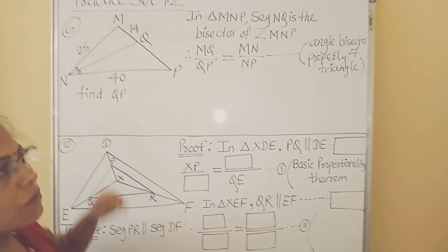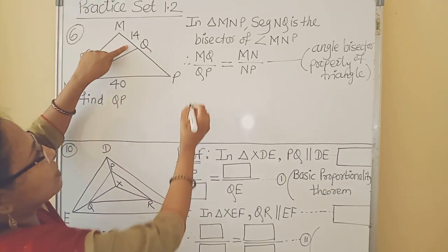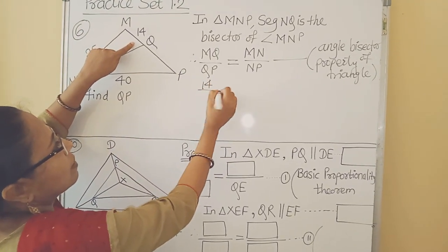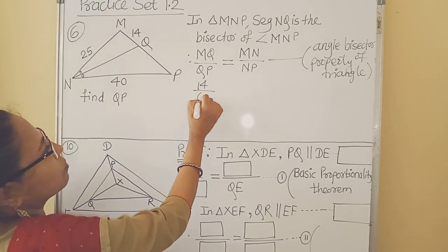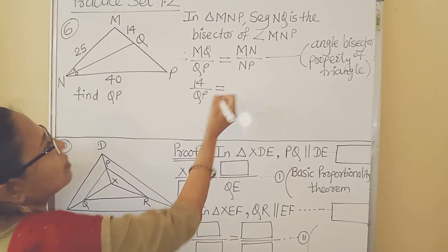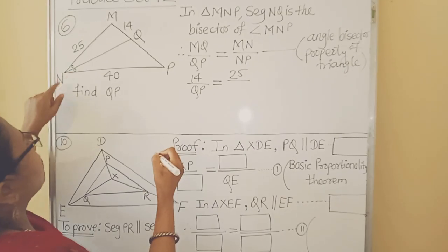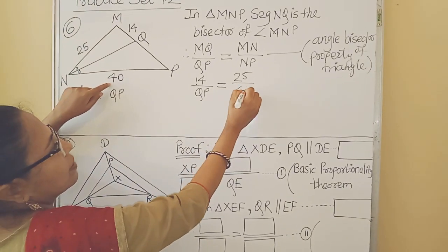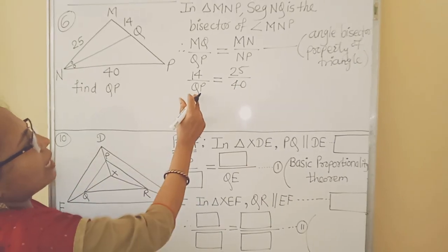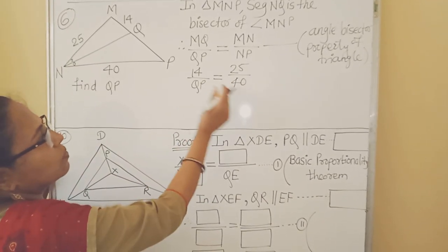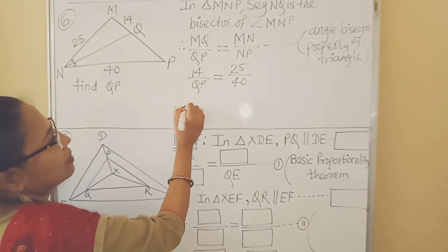Now we will substitute values. MQ equal to 14 upon QP, we have to find out. MN equal to 25, NP equal to 40. Now to find out this QP, we have to do cross multiplication.